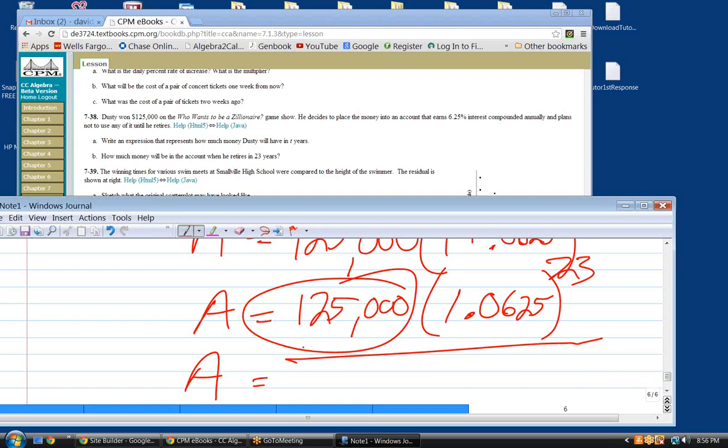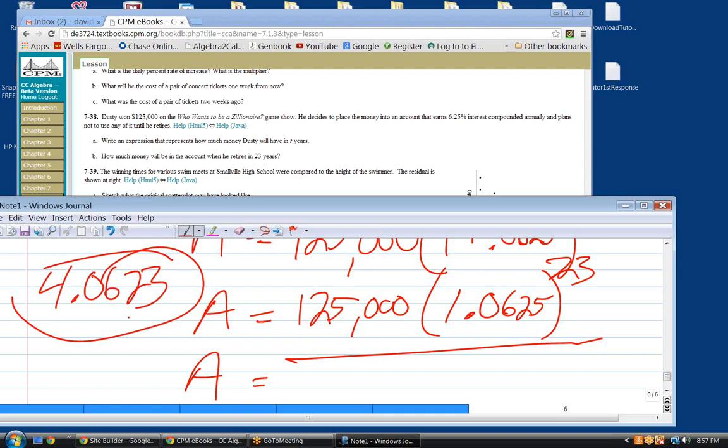Oh, okay. Well, do this first. What is 1.0625 raised to the 23rd power? 4.032418426. Now multiply that number by 125,000.